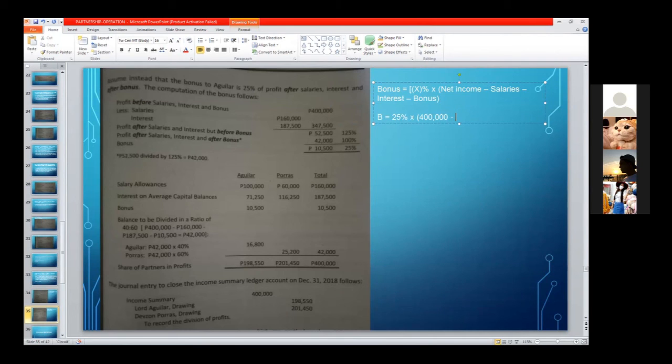Minus yung salaries nilang dalawa, 160,000 na yun. Minus magkano yung interest nila? 187,500. Then minus yung bonus, which is wala. So kaya bilang yan. Magiging answer nyo.